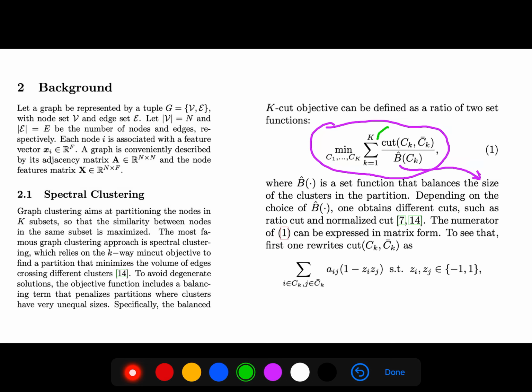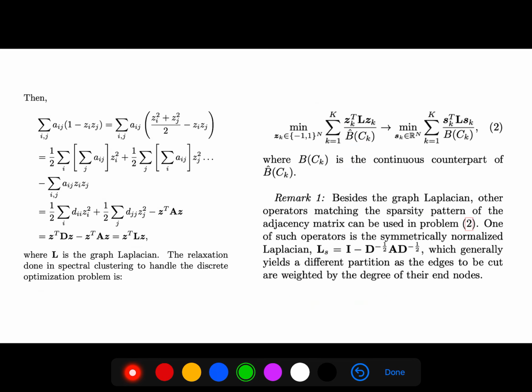This numerator can be expressed in matrix form. To see that, first one rewrites the cut as this sum. Because zi, zj, they just take one of the values, either -1 or 1. Then if you simplify it, you get the same thing, and L is the Laplacian.